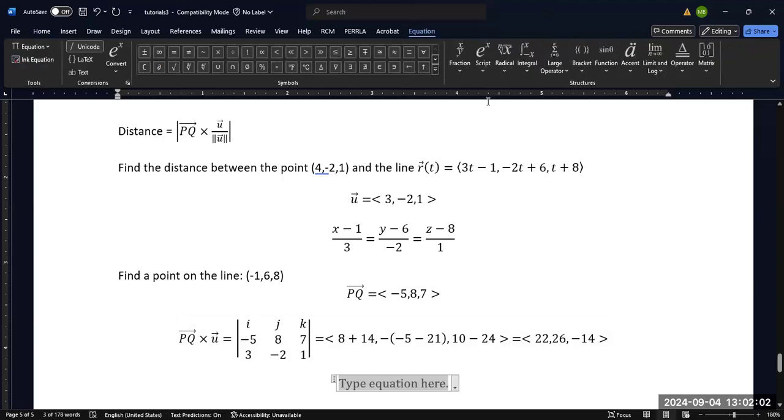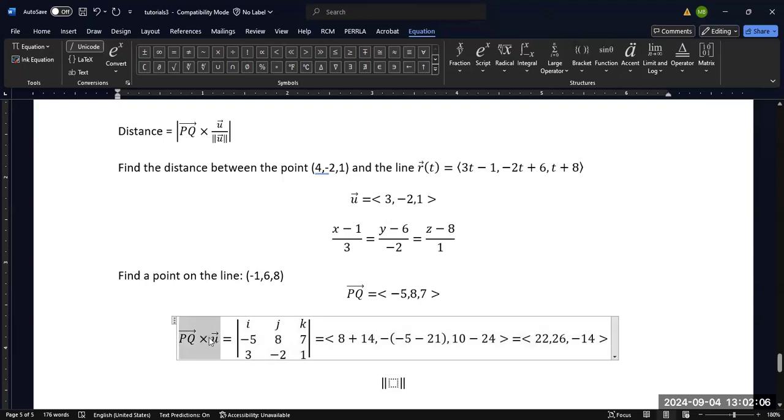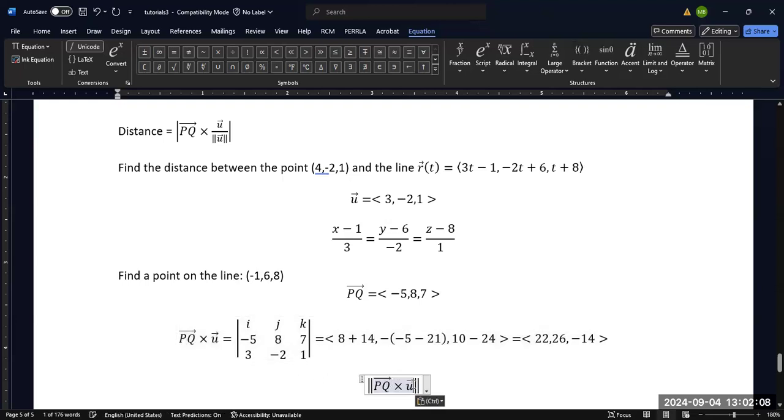So the magnitude of PQ cross U is going to be 22 squared, I believe is 484. 26 squared is 676.